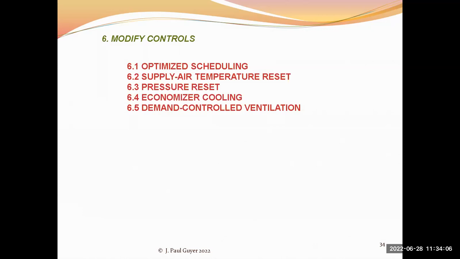Supply air temperature reset, in other words, is the air that is being supplied to the occupied spaces colder than is necessary. If you can reduce the temperature of the air that's supplied to the spaces, that's an energy saving there.